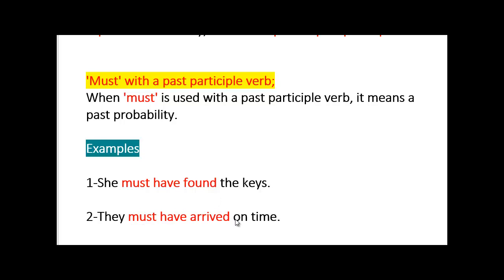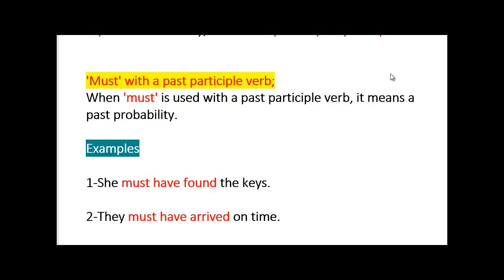They must have arrived on time or by now. Must have arrived, have arrived is a present perfect. Have found is a present perfect. You got that? Because here we have a past participle as part of the verb structure, present perfect, and we're using must to help the present perfect. When must is used with a past participle, it's a probability.